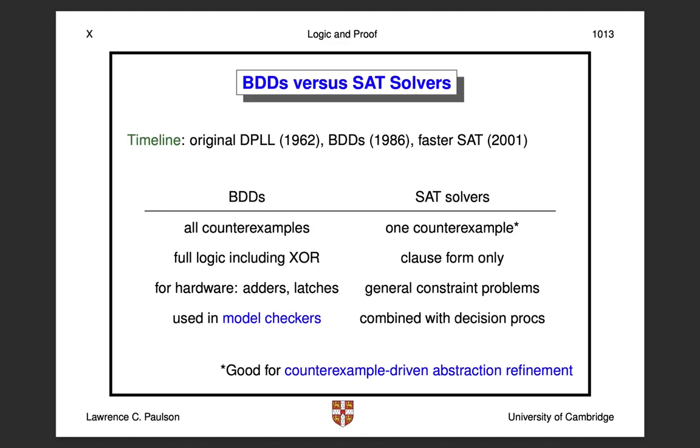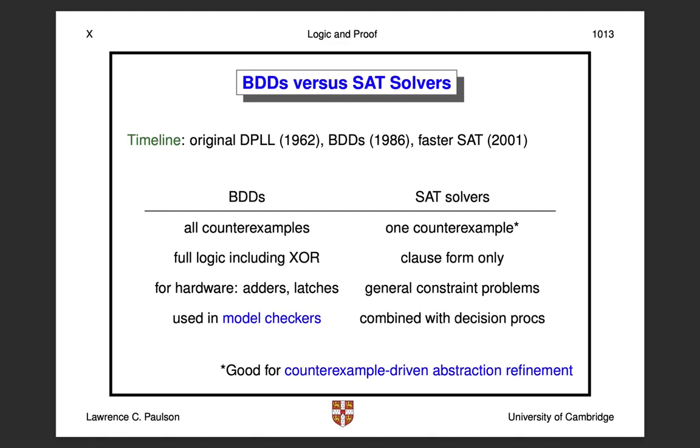So the improvements in power that we have seen for theorem-proving technologies, of course it owes something to hardware, but it owes much more to more intelligent and more sophisticated algorithms.